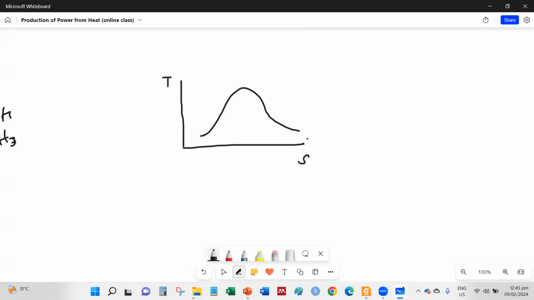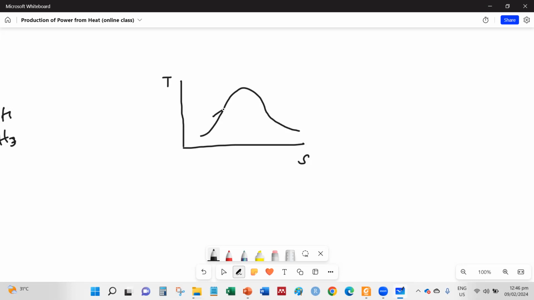TS diagram. Given a Rankine cycle, it was not mentioned whether there's subcooling, so let's assume that there is subcooling, otherwise it will be mentioned in the problem. If there's subcooling, then the cycle begins at the entry of the boiler.